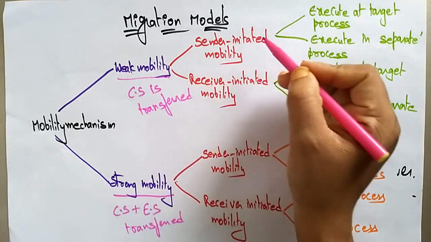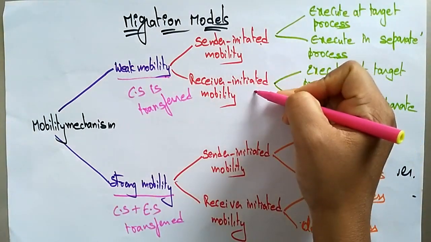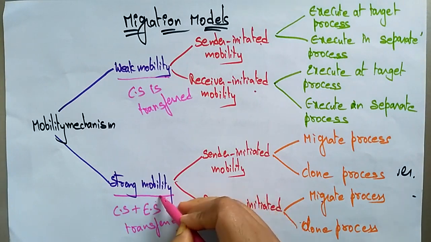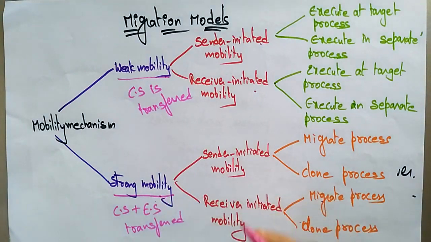The weak mobility can be sender initiated as well as receiver initiated. In the same way, the strong mobility can be sender initiated or receiver initiated. If you want to transfer the code only, it can be initiated by the sender or the receiver. In the same way, if you want to transfer the code segment along with the execution segment, it may be sender initiated or receiver initiated.